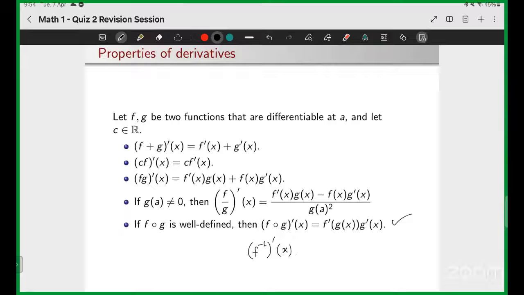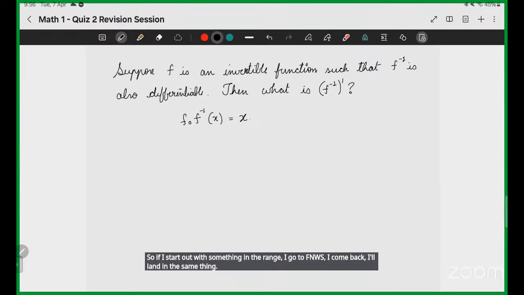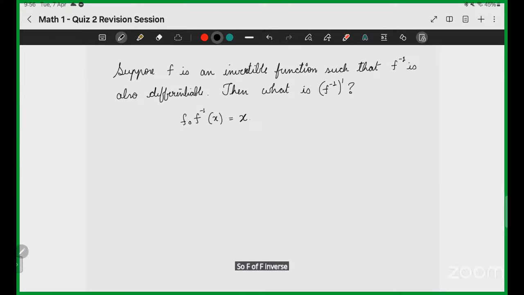This is x only. So if I start out with something in the range, I go to f inverse, I come back, I'll land in the same thing. So f of f inverse or f inverse of f, both are equal to x. Now, if I take the derivative of this, it would be 1. On the other side, the derivative is 1.